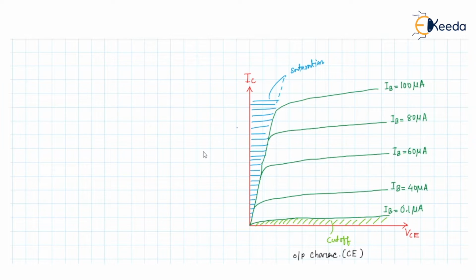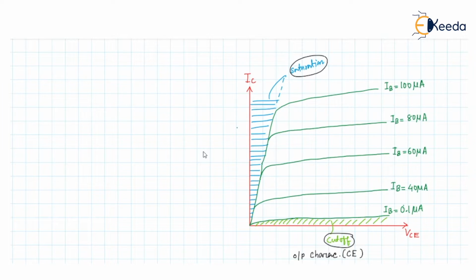This is the saturation region, where both the junctions are forward biased, and this is the cutoff region, where both the junctions are reverse biased. In between, where IC is saturated for the increasing value of VCE, this region is the active region.